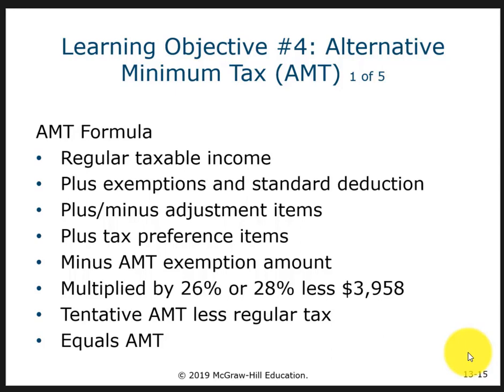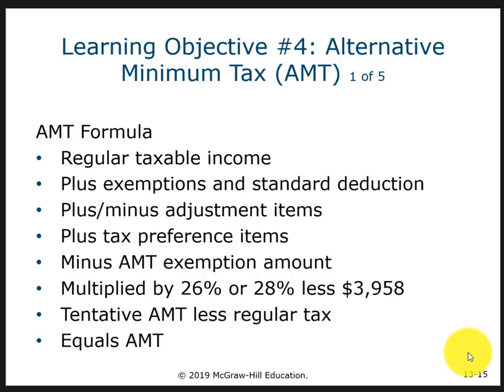These are deductions that are different under the regular tax system than they are under the alternative minimum tax system. So we have to look at the differences, and those go on Form 6251 that we'll look at in the end, to calculate what your taxable income is under AMT.